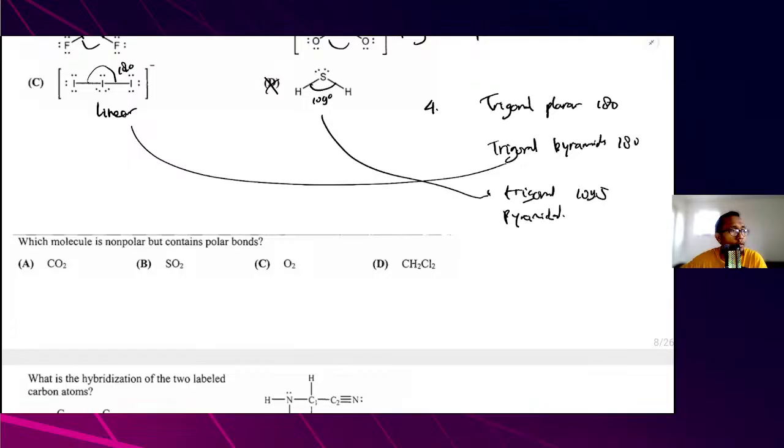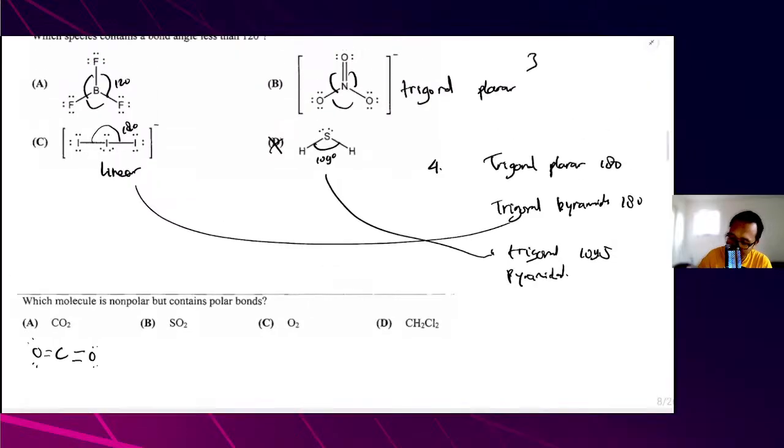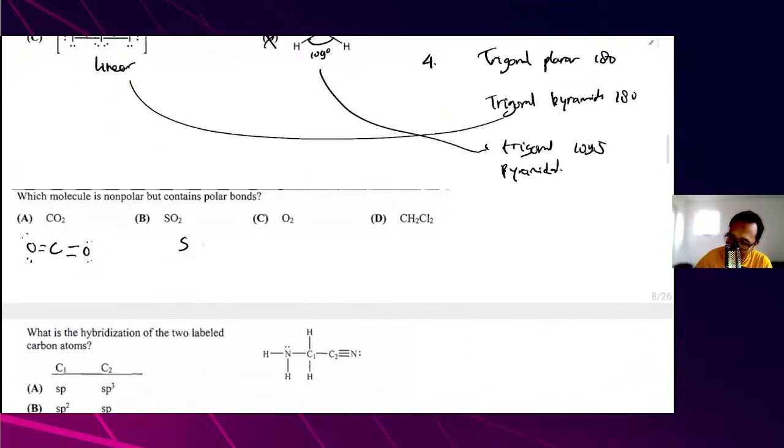So we need to draw the Lewis structure again: CO2, SO2, O2, CH2Cl2.